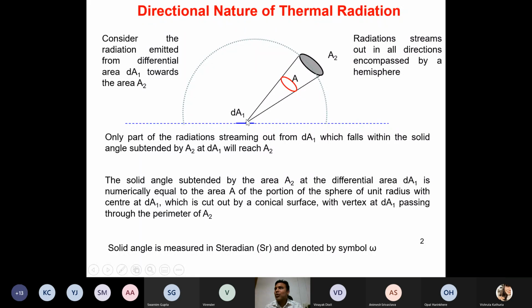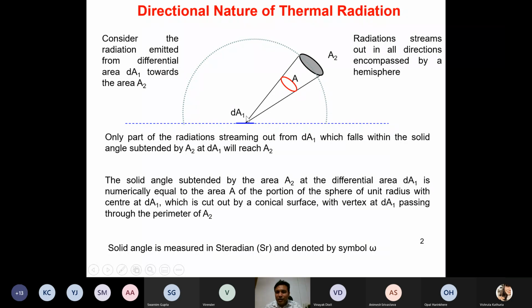This is calculated by first creating a hemisphere. If you create a hemisphere around this dA1 with a unit radius, the area which is intersected by this hemisphere will be called the solid angle.